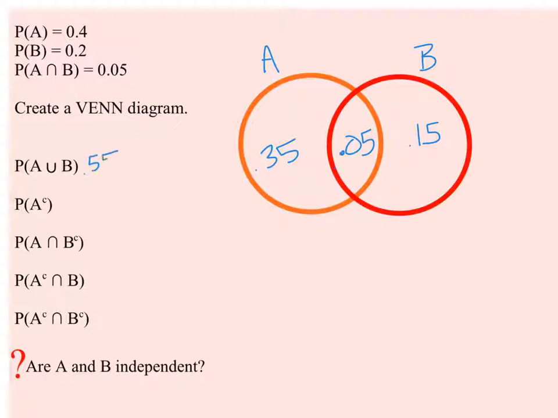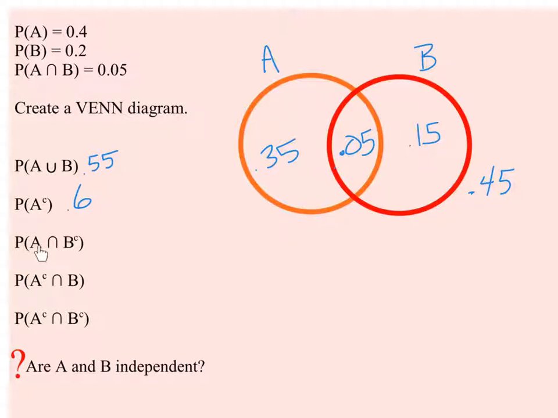It's the first thing. I always also like to just write down what's left outside. Okay, the rest of it, right? This creates the sample space. The probability of A complement, meaning not A. Well, a couple ways you could do it. You could come up here and say, well, if the probability of A is 0.4, the probability of not A is 1 minus 0.4. You could also say, well, if this is A, the stuff not in A added together will give me the probability of not A. It is 0.6.